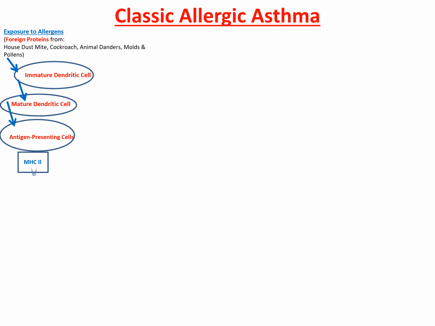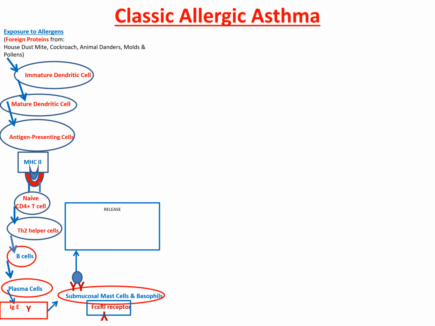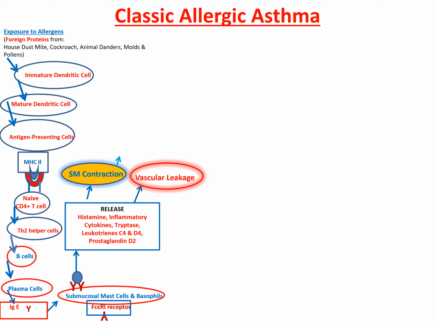So we already described classic allergic asthma, from the exposure to the allergens until we reach the point where we release different chemical mediators like histamine, leukotrienes, prostaglandin, cytokines, and so on. Now, the release of these chemical substances leads to contraction of the smooth muscle in the bronchial tree, and also leads to vascular leakage.